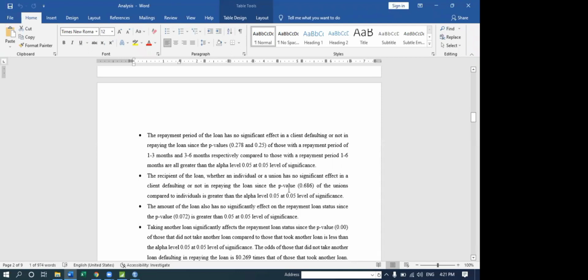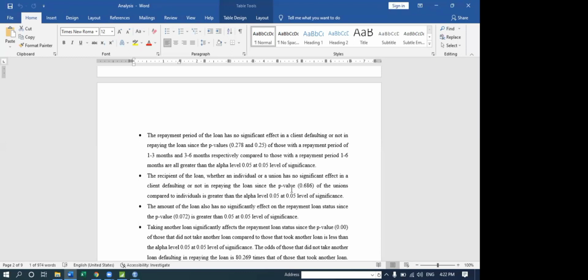So it means that whether it is a union coming to take the loan or an individual, both of them will behave alike. Now let's assume they are not behaving alike. That means the variable is significant. If it is significant, my recommendation would be to compare both groups and look for the group that always defaults.